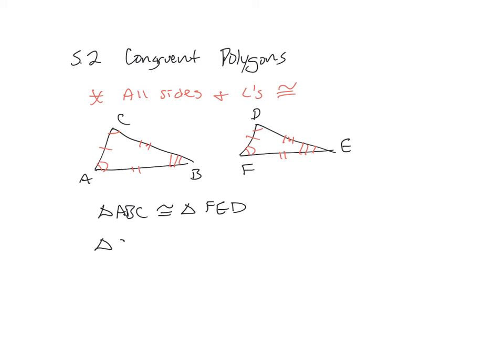If you put CBA, then you need to go, okay, D goes with C, and then E goes with B, and F goes with A, like that. So there's multiple ways to say that something's congruent. It just has to follow the order.